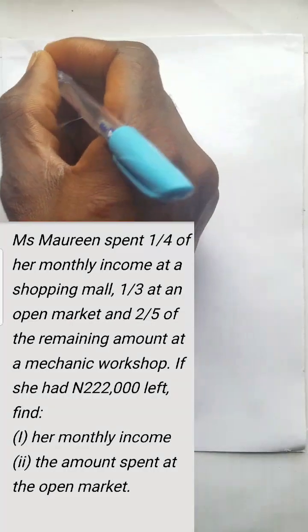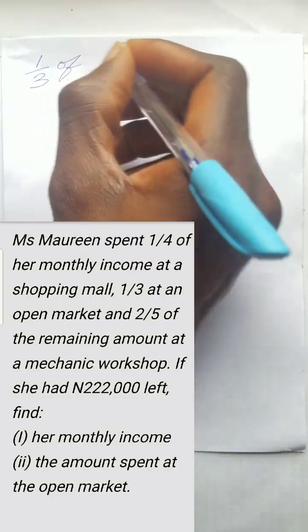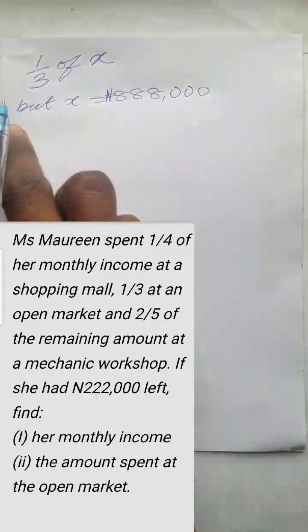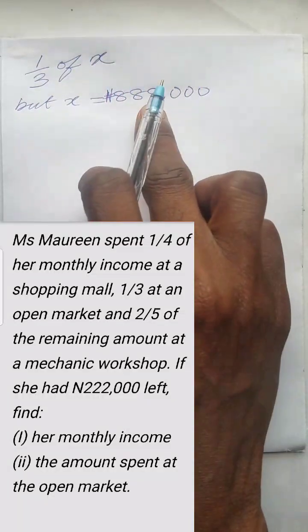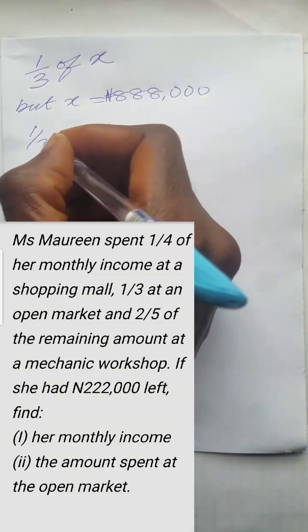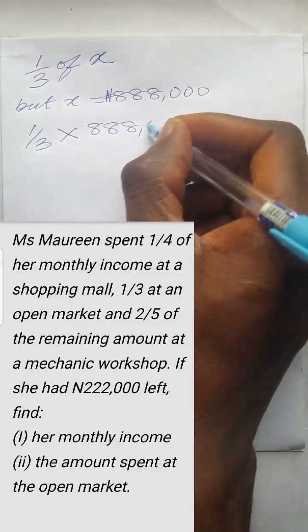According to the question, 1/3 of our monthly income was spent at the open market. That's 1/3 of x. But this x is 888,000 naira according to our previous answer. So we're going to have 1/3 times 888.